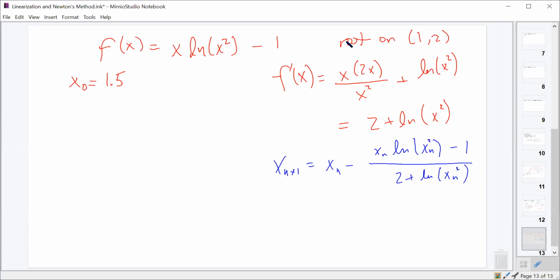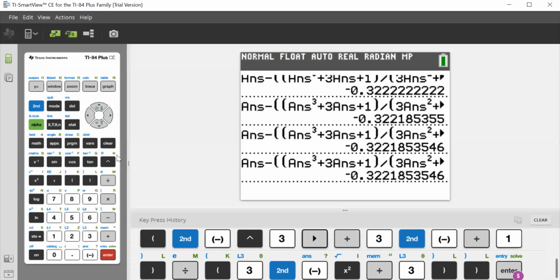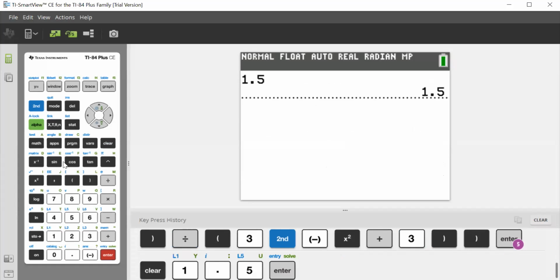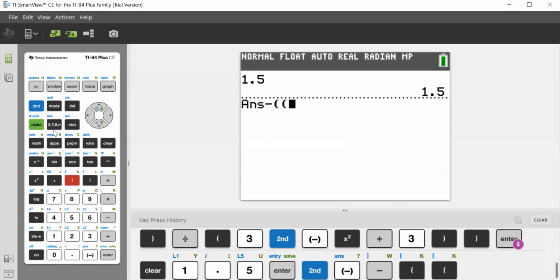Good. All right. Let's plug it into the calculator. So we're starting at 1.5, right? That'll be our answer. We'll do answer minus parenthesis for the fraction, parenthesis for the numerator, x, oops, not x, answer.